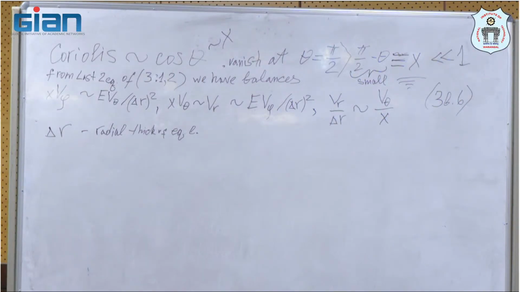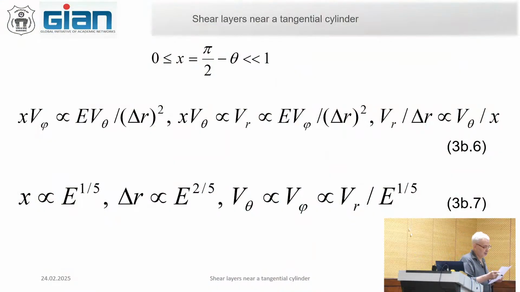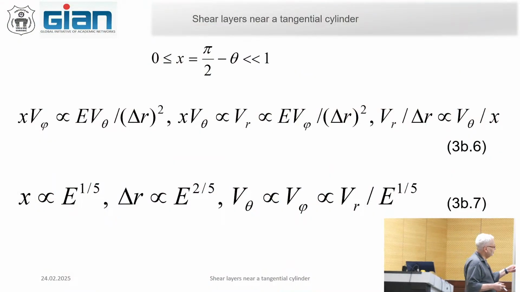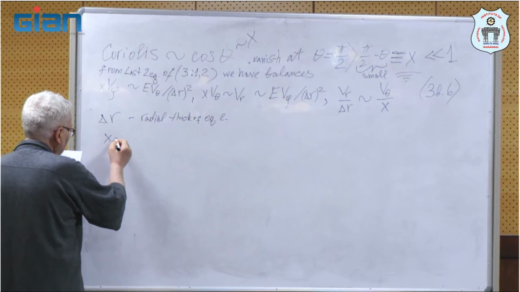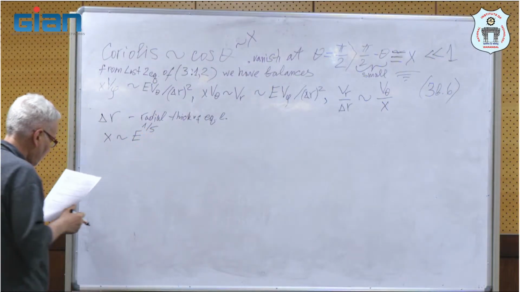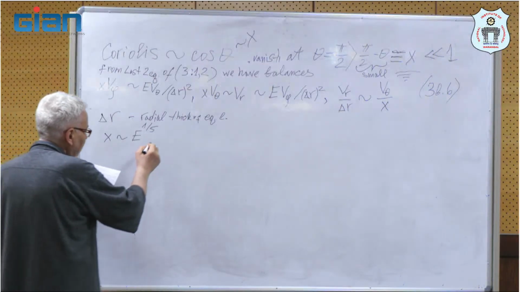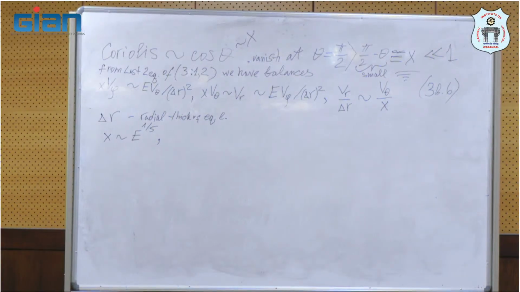We simply identify the transformation from 6, and we obtain this estimation, when taking into account all the balances, that x is proportional to the Ekman number to the power 1/5. Then delta R, this x actually measures this distance.